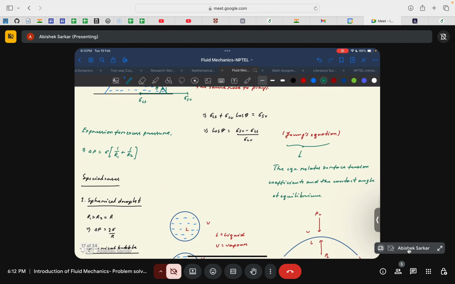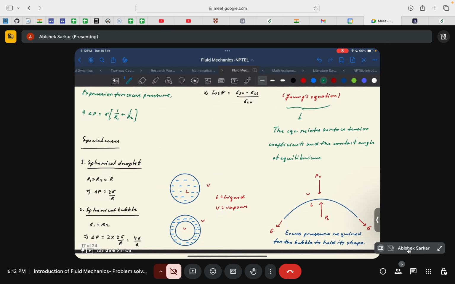Given two curved surfaces having radii of curvature r1 and r2, the excess pressure across that curved surface will be given by sigma times 1 by r1 plus 1 by r2, where r1 and r2 denote the radii of curvature of this curved surface.